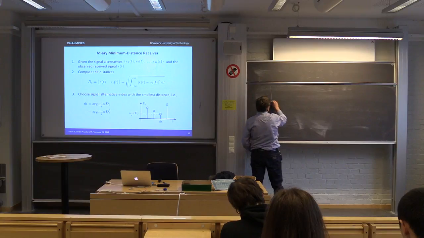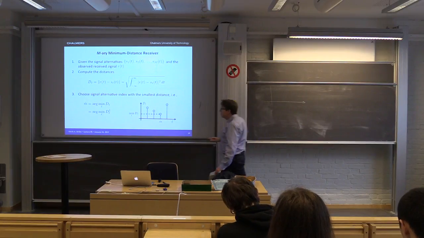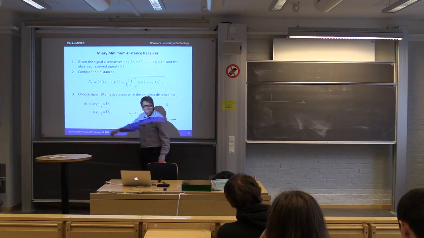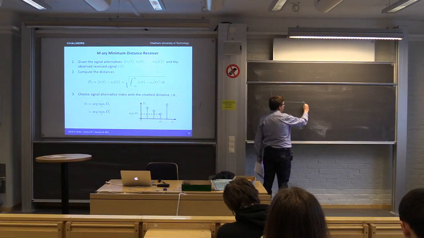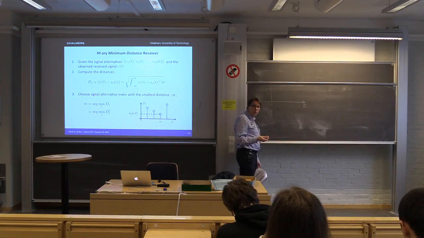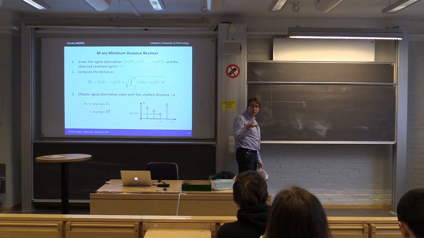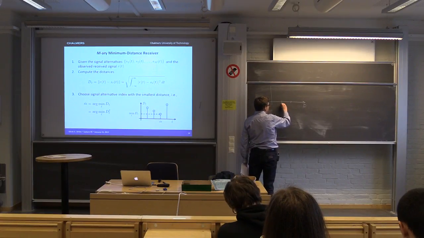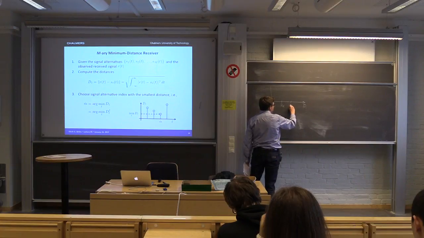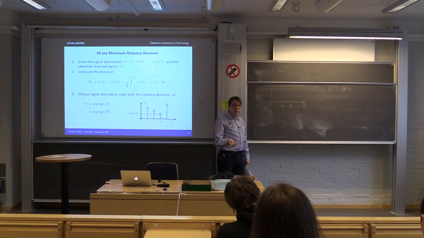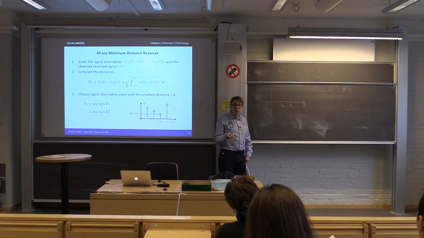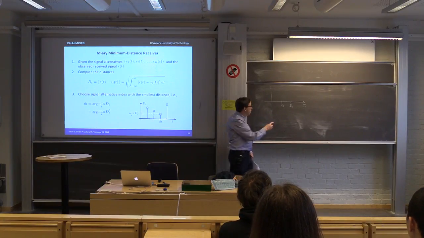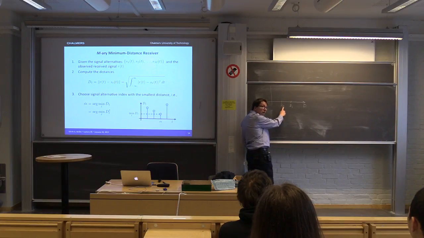Okay, and just to be absolutely clear that we can go from here to here, suppose I plot along this axis D, the different distances. So suppose for simplicity we only have two distances, say D2 and then D1 here. If this is the case, what is our decision? 2, exactly. So we read off the index of the smallest one.